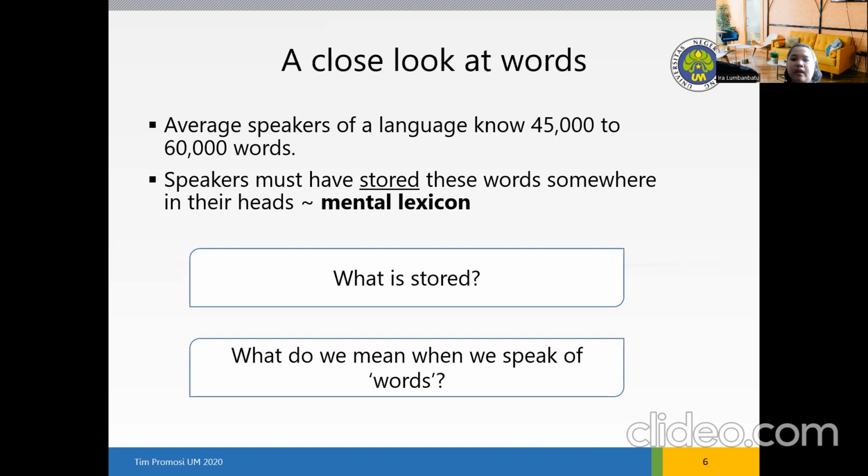When we speak of words, we are referring to units of language that carry meaning and can stand alone or be combined with other words to convey information. Words are fundamental building blocks of language, and they serve as a means of communication. So that's the mental lexicon.